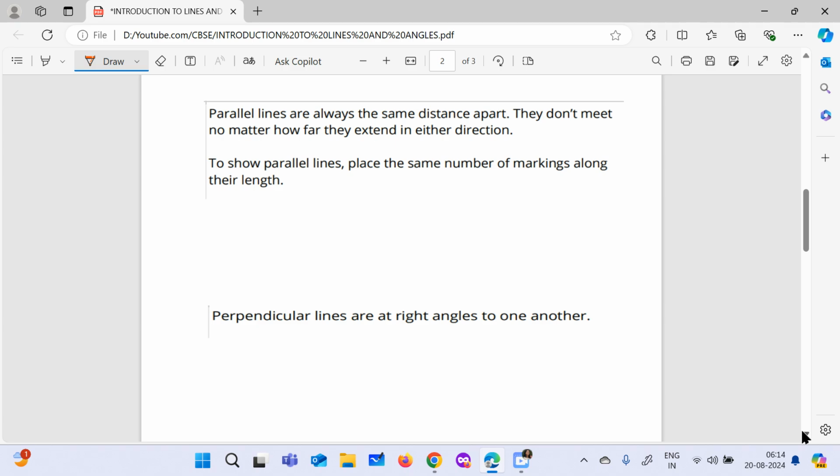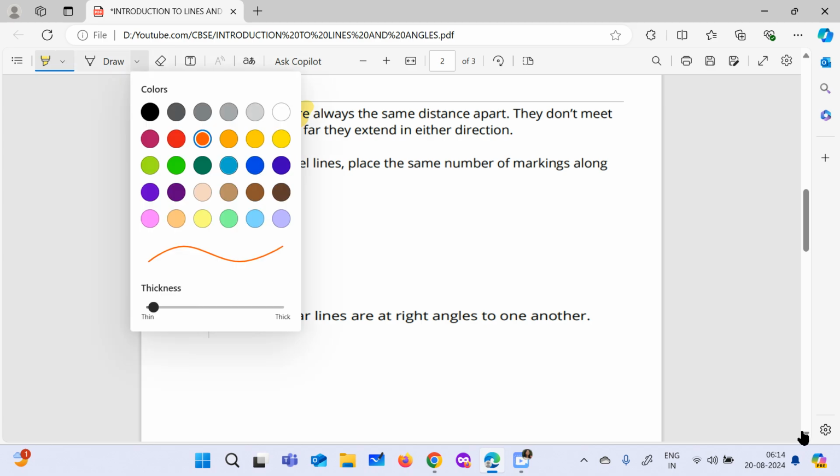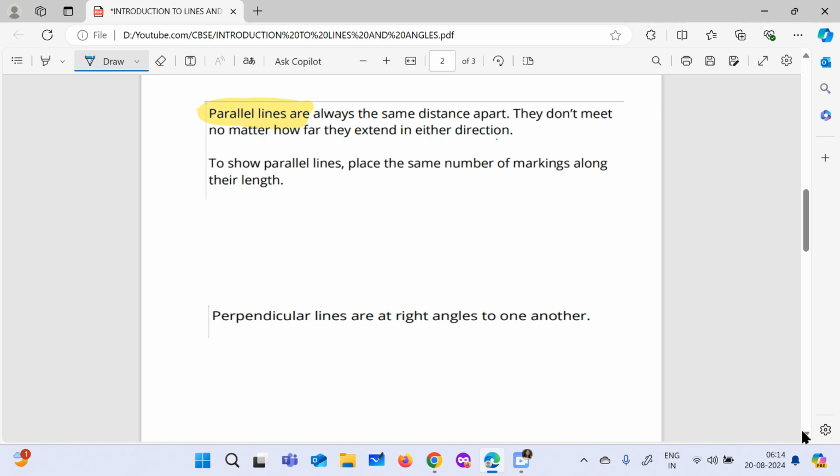Now, here start parallel lines. What are parallel lines? You might have heard about parallel lines earlier also. Parallel lines are lines which do not intersect at any time, lines which never meet at any point. Parallel lines are always the same distance apart. See, the distance between two parallel lines is always the same. That's why they are the same distance apart. So I can show you like this.